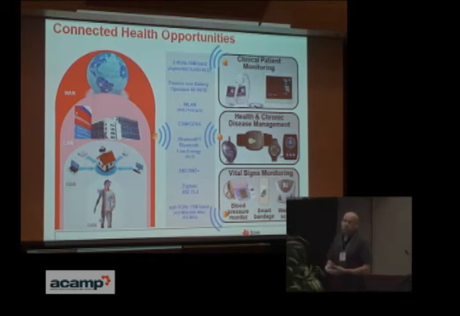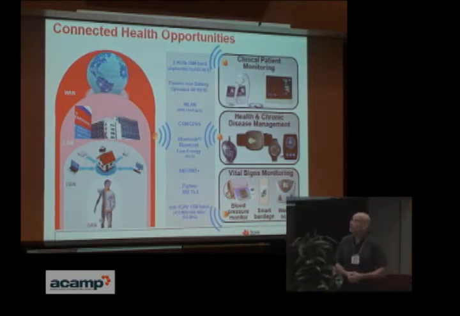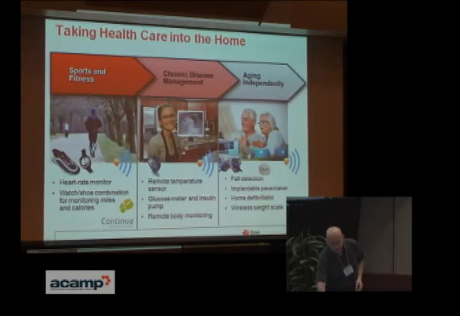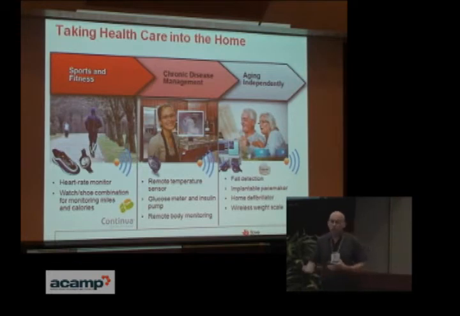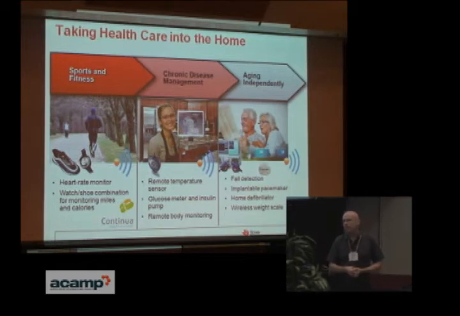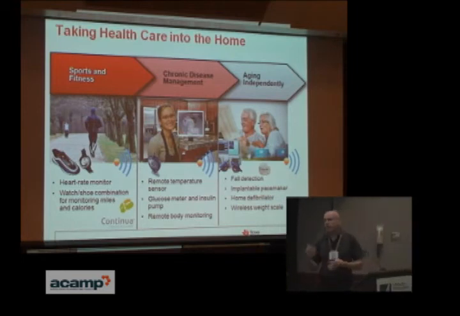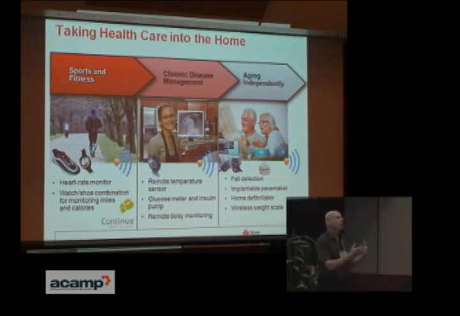So there's Bluetooth Low Energy, ANT technologies, Zigbee, a number of wireless technologies that are used for this type of monitoring. And through some of this wireless technology, the aging independently, or the ability for people to stay in their own homes till they're much older, allows them to have wireless fobs that they wear, and through a care system, they could be monitored for their received signal strength to know that they're actually moving around.